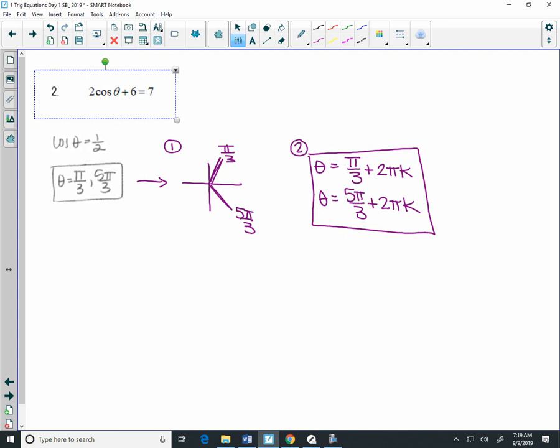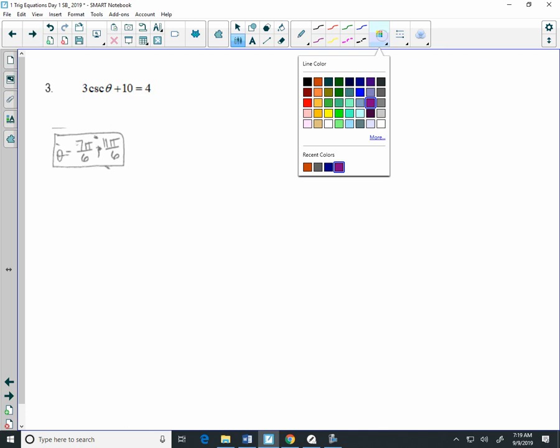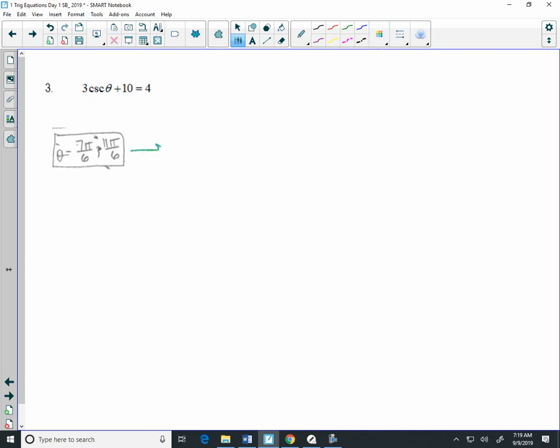All right, I'm going to keep rolling. Again, I think just drawing the picture is the best way to go here. 7 pi over 6 and 11 pi over 6 were our solutions for number 3 up above. So again, draw your picture. 7 pi over 6 is in quadrant 3. 11 pi over 6 is in quadrant 4. Those don't make a straight line.